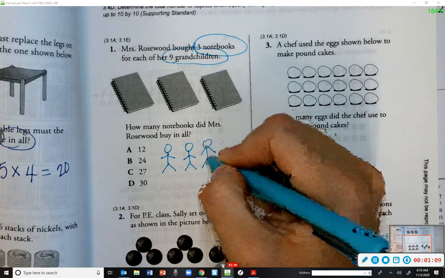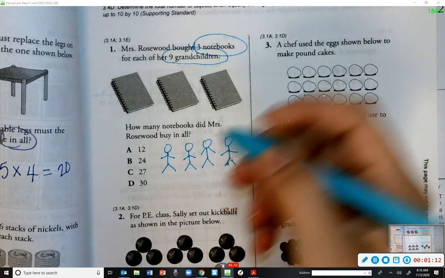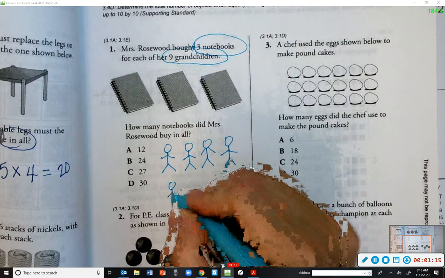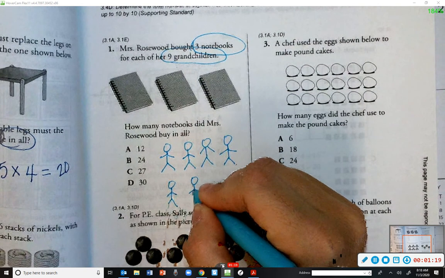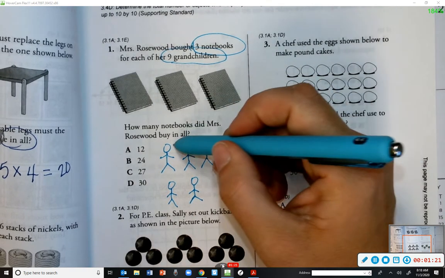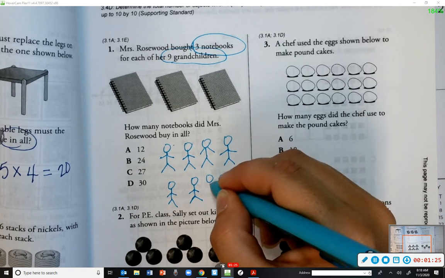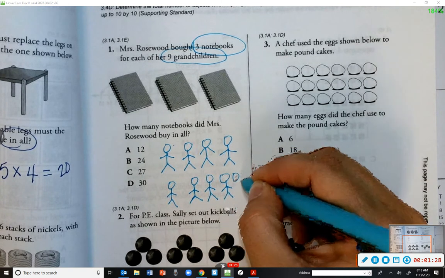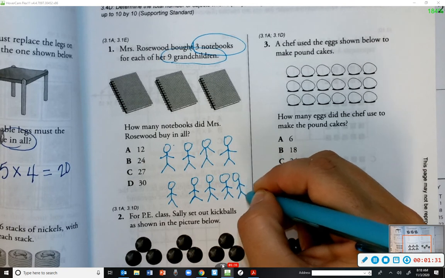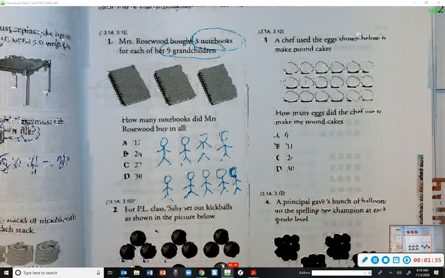Oh, that one doesn't have a neck. Okay, so there's 1, 2, 3, 4, 5, 6, 7, 8, 9.